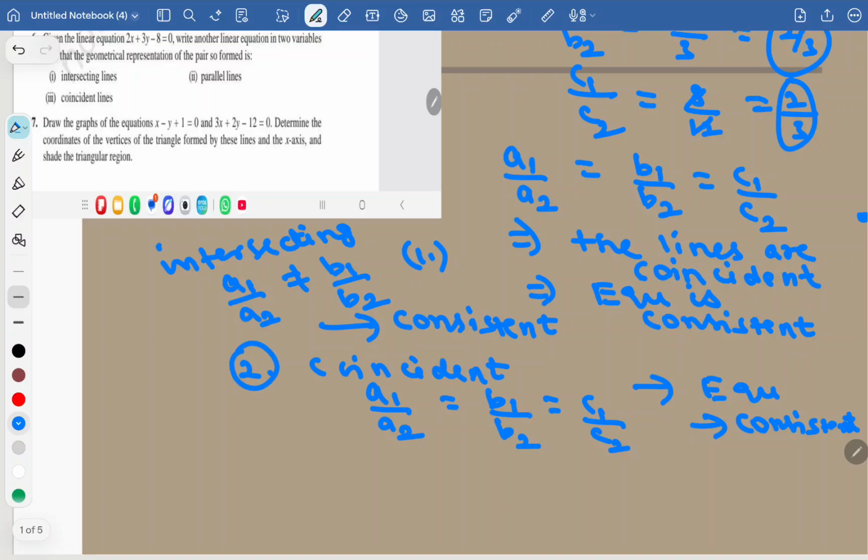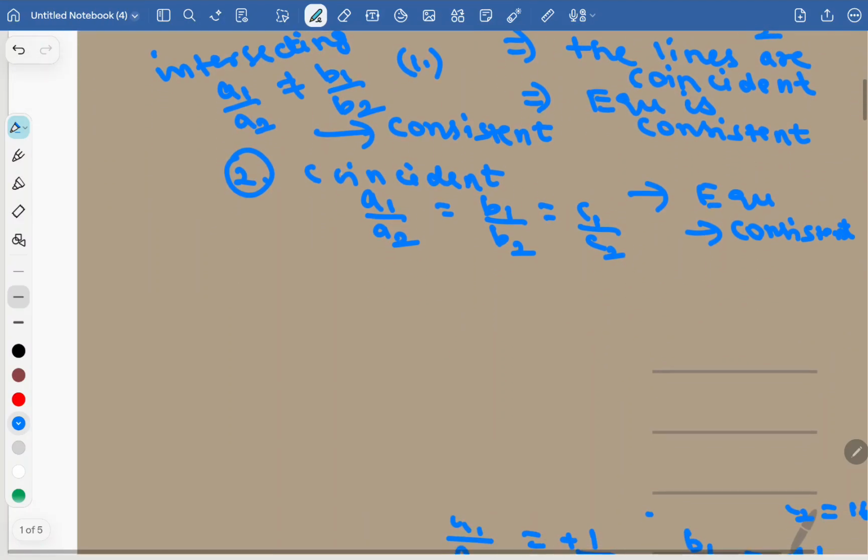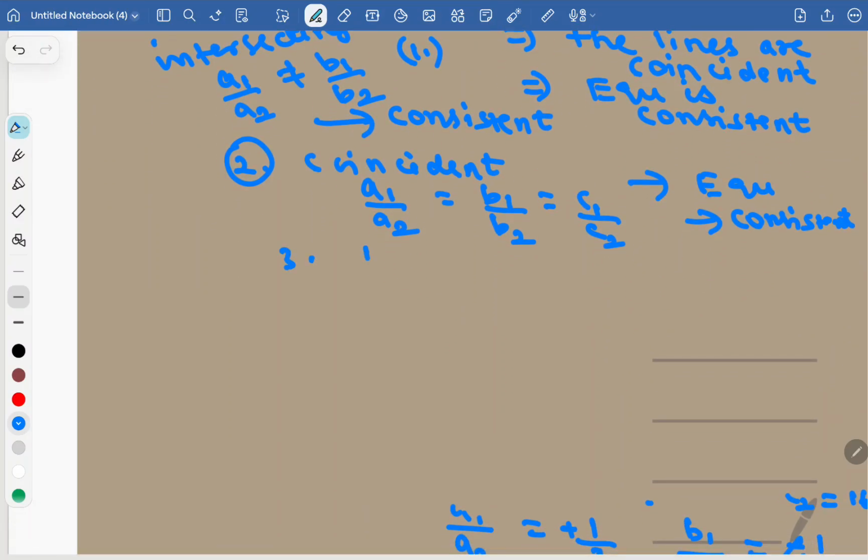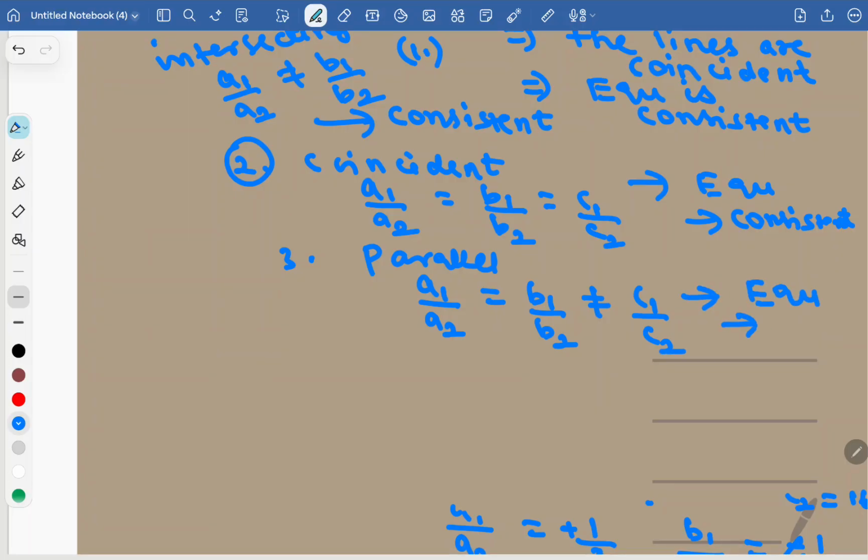This is second case. What about the third case? If the lines are parallel, when does this happen? a1 by a2 equal to b1 by b2 not equal to c1 by c2. In this case, equation is inconsistent.